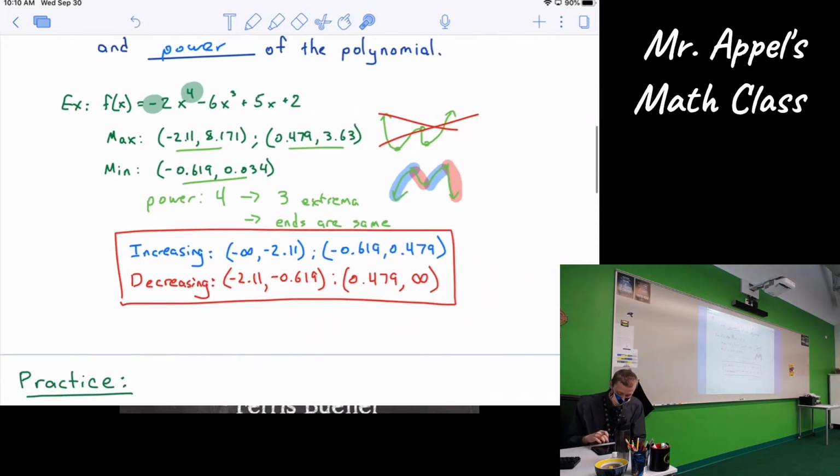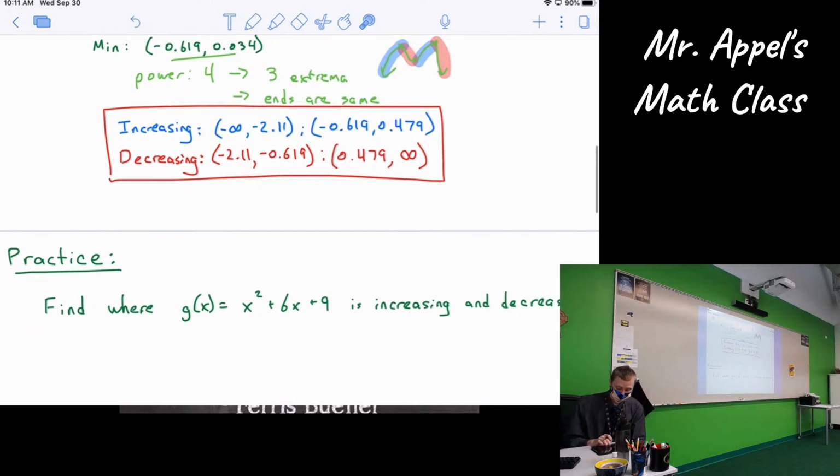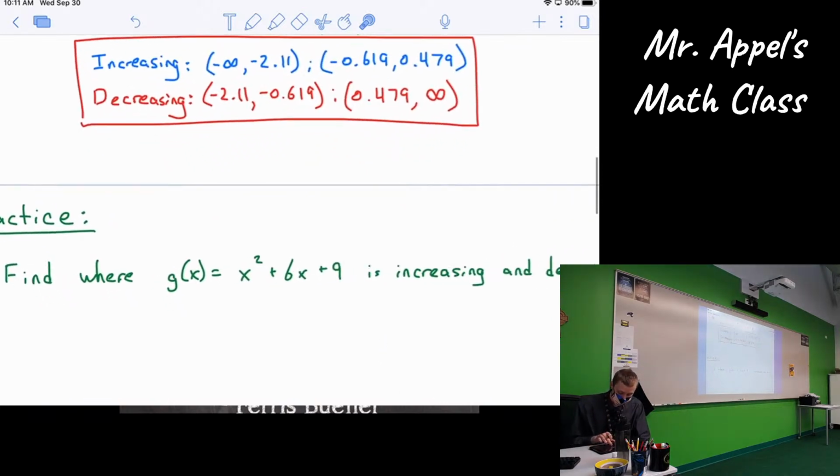We can do that for a quadratic. We know how to find the extrema, well, the extreme, what's the singular term from extrema? The extreme point, right? Because that's just the vertex. The extrema of the quadratic is the one and only vertex. And so that one we can calculate.